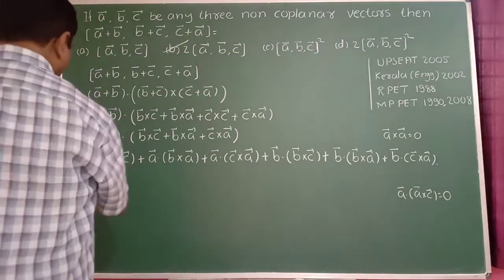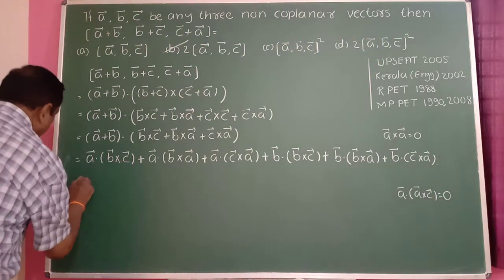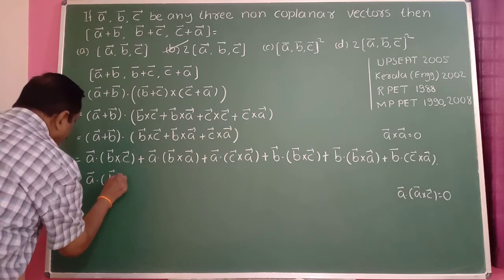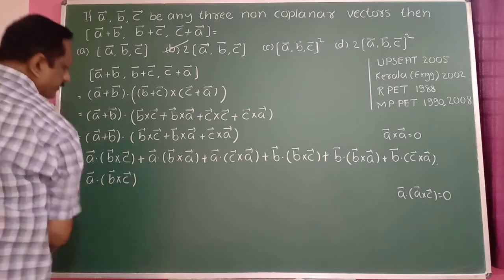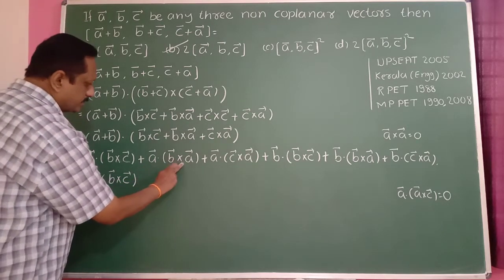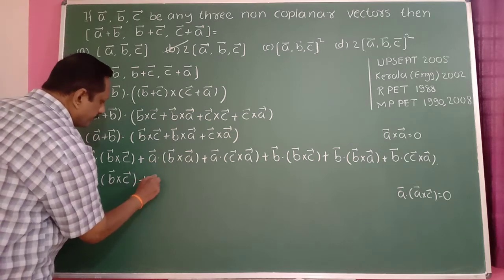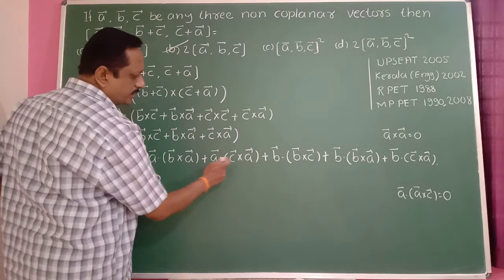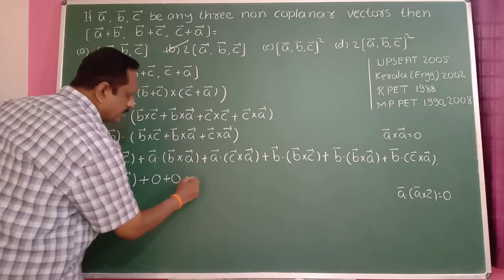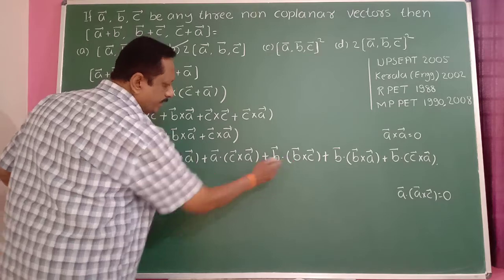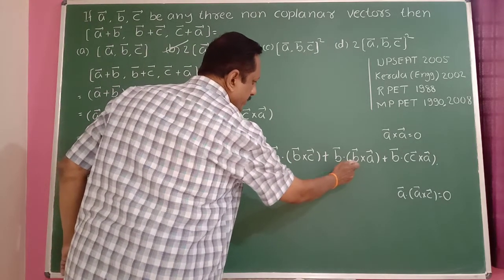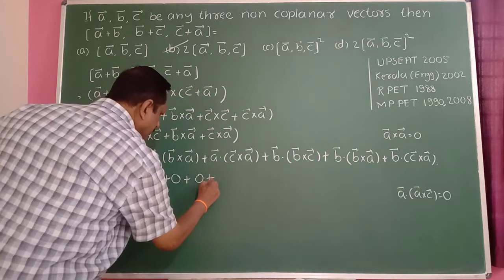Here all the vectors in the first term are different, so write it as it is: a bar dot of b bar cross c bar. Here a bar and a bar are identical, so this becomes 0. Here b bar and b bar are identical, so this is also 0.